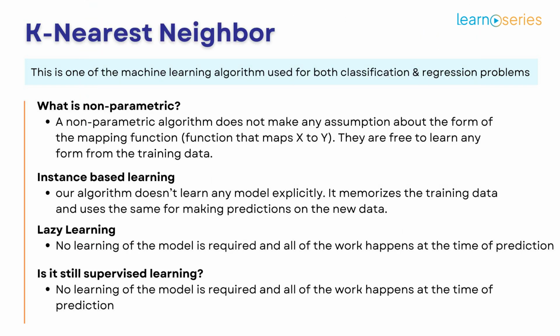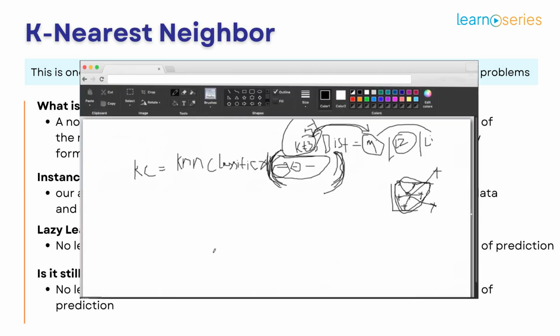Is it still supervised learning? Yes, it falls under supervised learning algorithms. What is supervised learning? If you remember, I told you supervised learning means these are the x1, x2, x3 values you have given, and depending on those x values, the y value is also given.